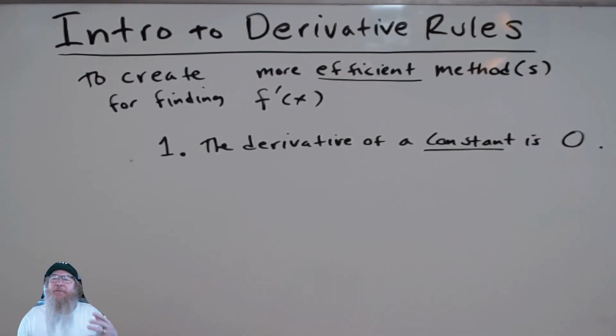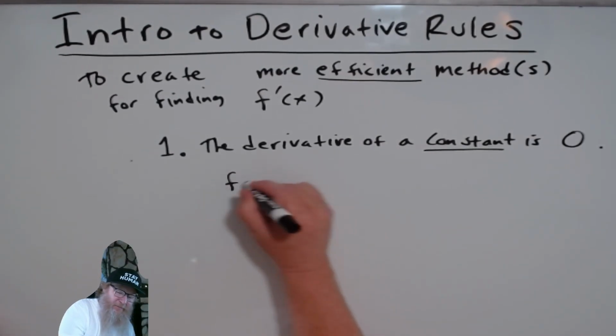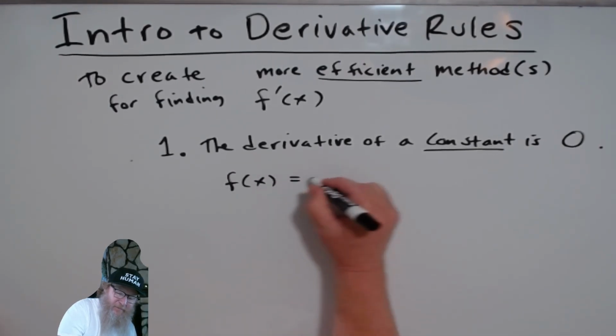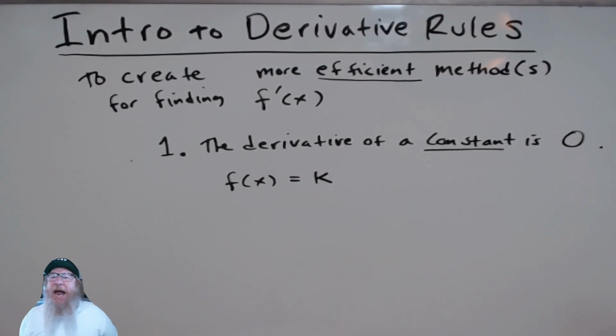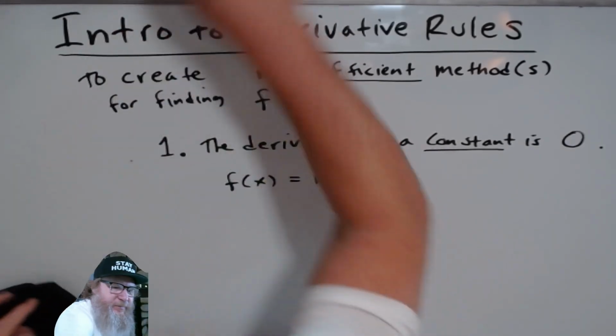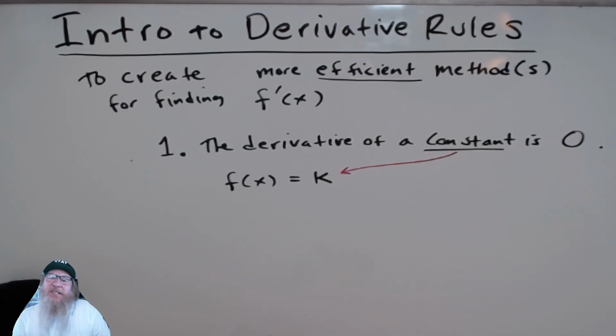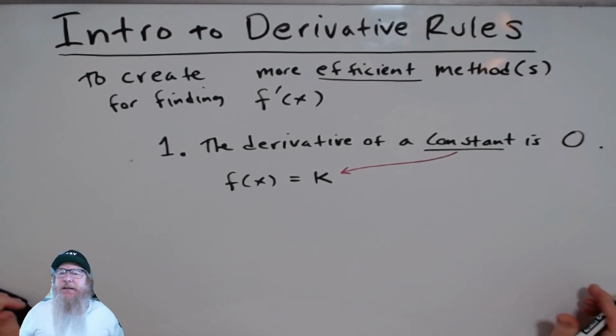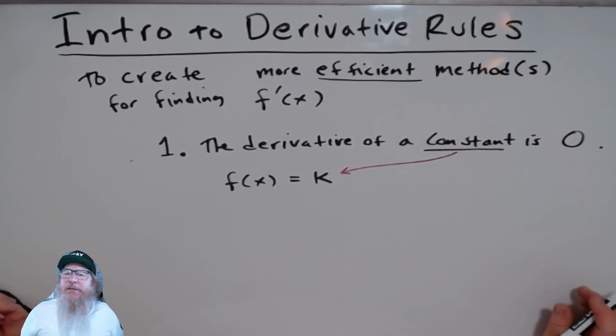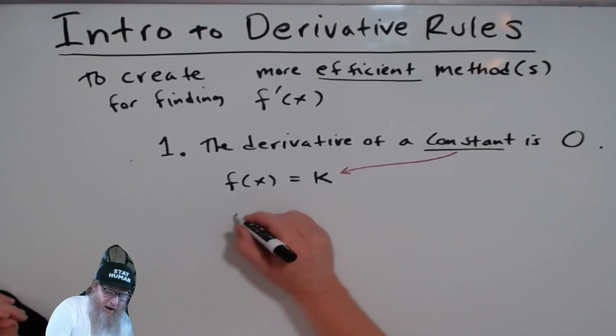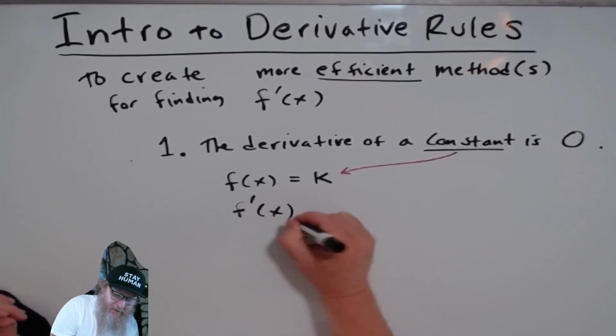So if we have a constant function, we use k for constant. Some folks use c. I still use c sometimes, but in this lecture, I'm going to use k for constant. Then the f prime is zero.